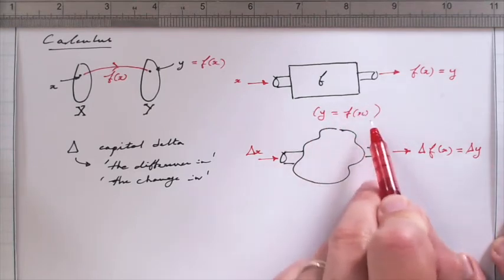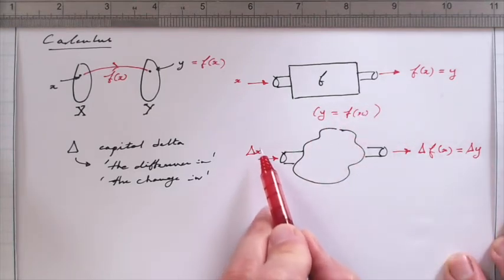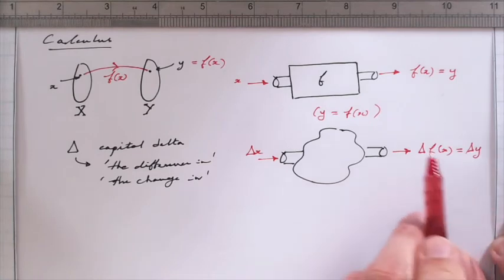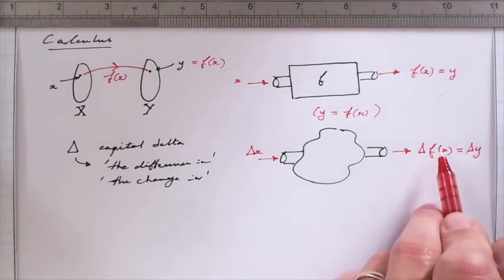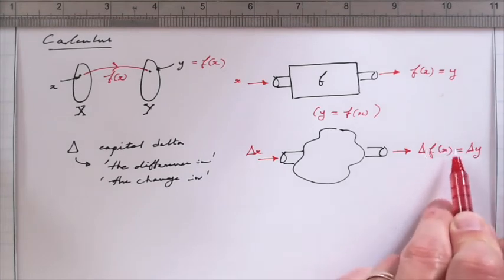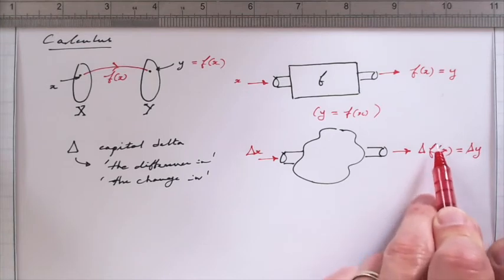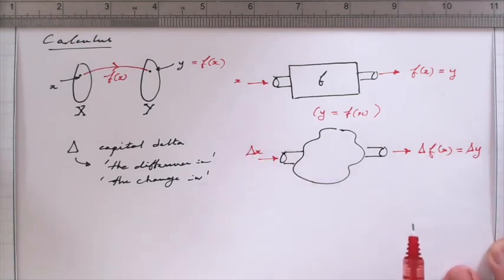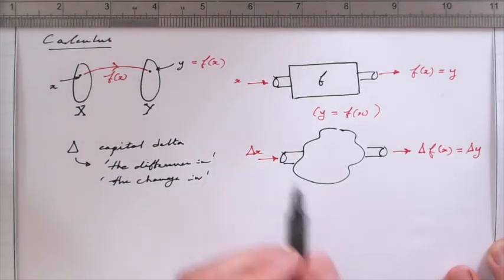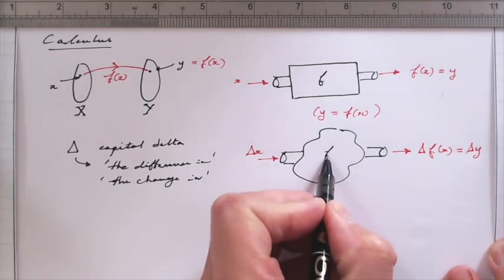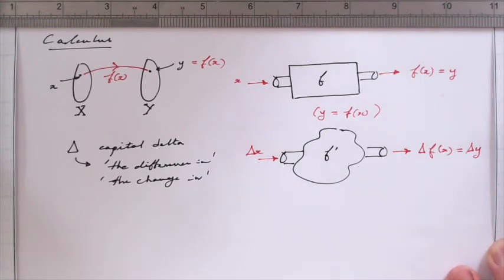Given that f of x is going on in the background, the question is, if I change that input, what's the change in the output? How is that change in the outcome of the function related to the change of the input? And the answer is the derivative. That's the word we use, and I'll give it the symbol f prime.